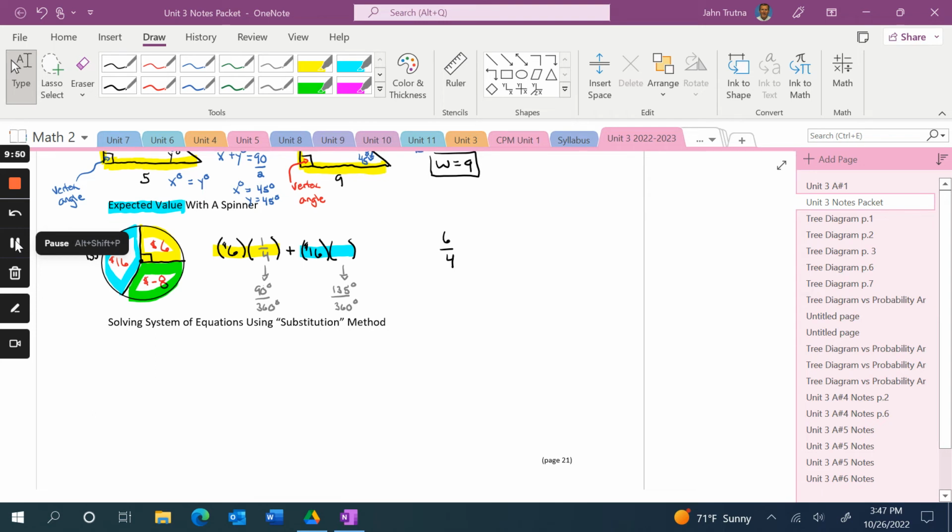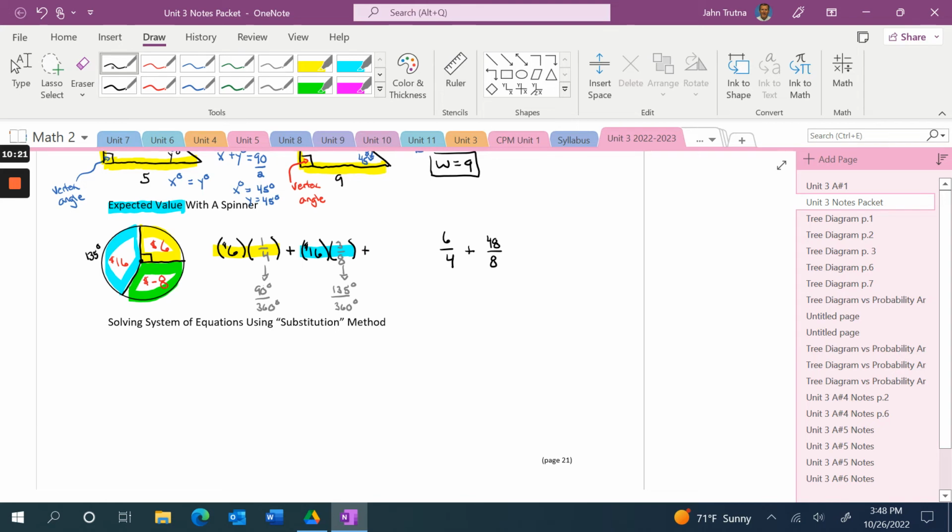Well, 135 over 360, that fraction reduces down to 3/8. Okay, so I'm going to multiply those two together. So when you multiply these two together, you go 16 times 3, which is 48. So this multiplies out to 48 over 8. We're going to add those two together in a second.